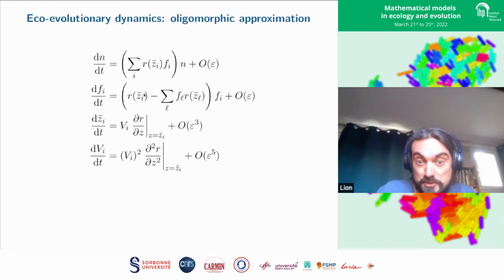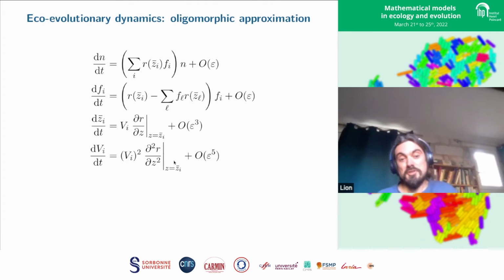The dynamics of the frequency will also depend on the morph means and the frequencies. And the dynamics of the morph mean will depend on the variance and on a selection gradient at the morph level, or rather a more specific selection gradient. And the dynamics of the variance will depend on the square of the variance times something that measures the curvature of the fitness functions, if you wish.